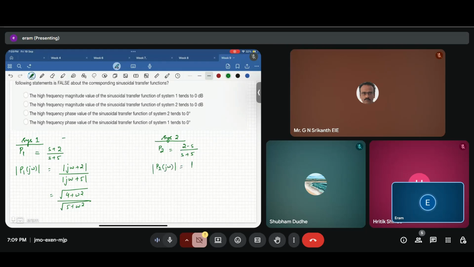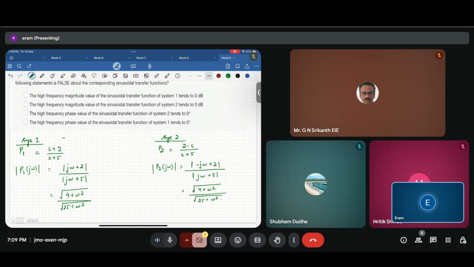we have to find the magnitude of minus j omega plus 2 divided by magnitude of j omega plus 5. So it is square root of 4 plus omega square and, sorry, square root of 25 plus omega square.